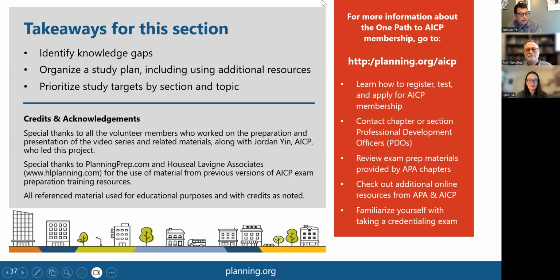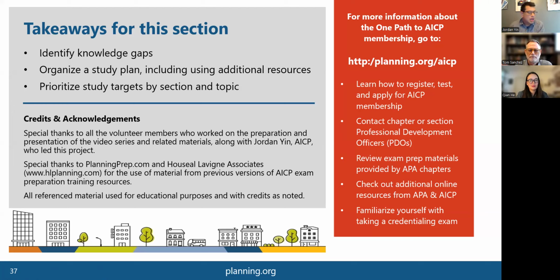So this brings us to the end of this section of the AICP certification exam content outline, from fundamental planning knowledge, dealing with some things related to technology, related professions, and natural, economic, and social systems. As you're moving away from this section, hopefully this gives you an opportunity to identify some knowledge gaps that you might have, organize a study plan, including some additional resources.